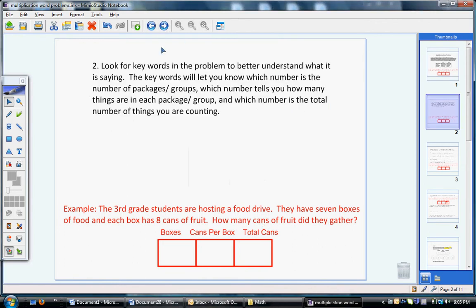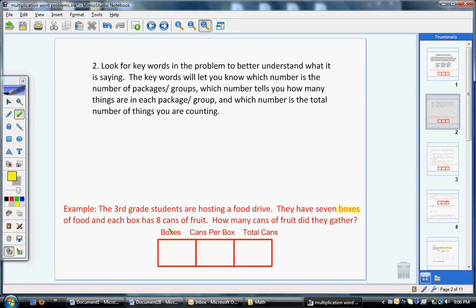The second step is to look for keywords in the problem to better understand what it is saying. The keywords will let you know which number is the number of packages or groups, which number tells you how many things are in each package or group, and which number is the total number of things you are counting. So in my problem, I can see that I know there are 7 boxes of food.